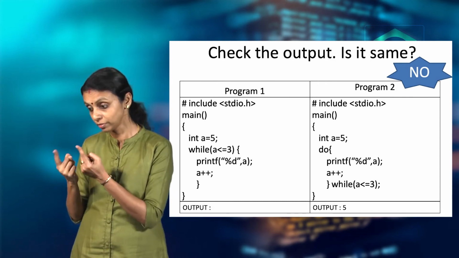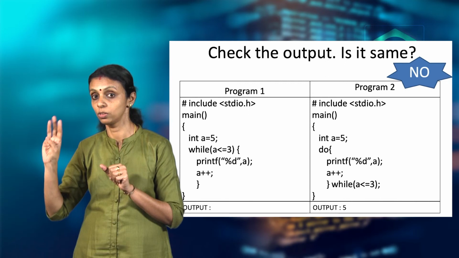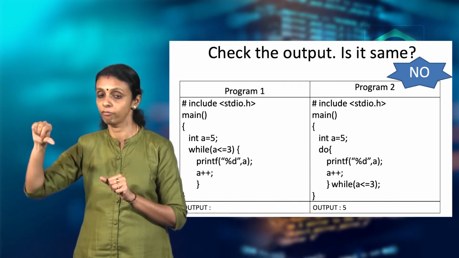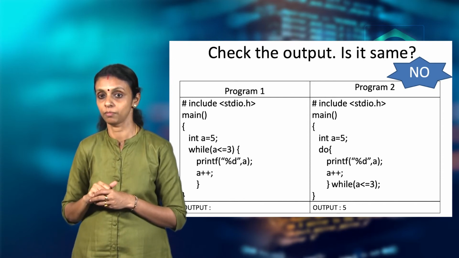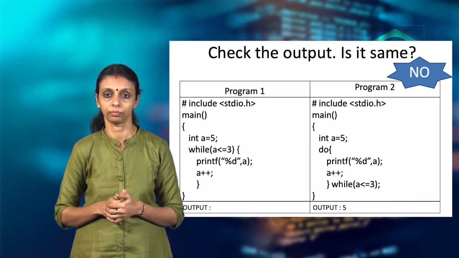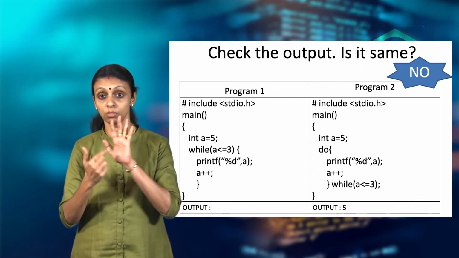After that, it checks the condition, a less than or equal to 3? No, the condition is false and exits the loop. Therefore, there will be an output 5 in this program.